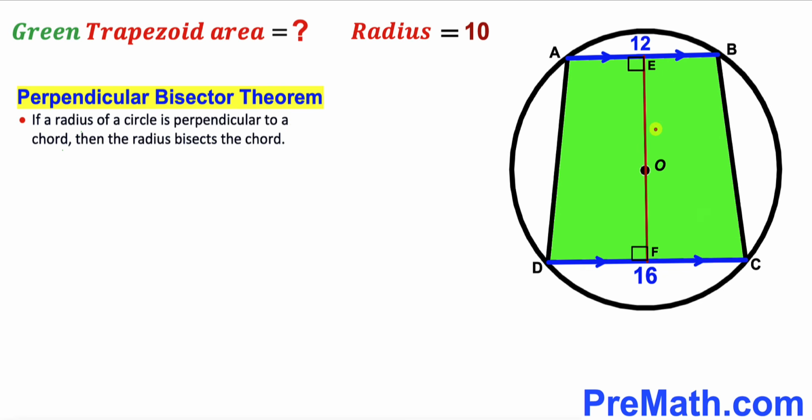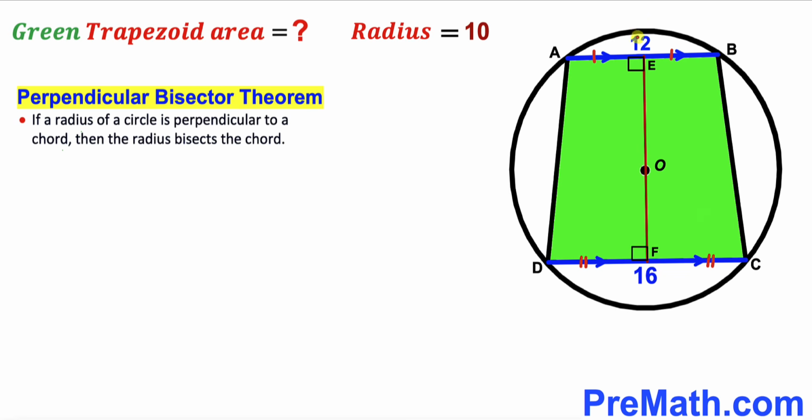So this perpendicular EF bisects chord AB into two equal parts, meaning segment AE equals segment BE, and likewise segment DF equals segment CF.